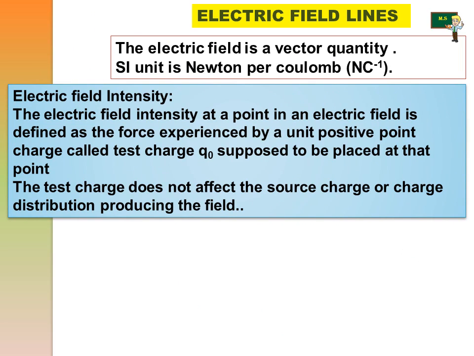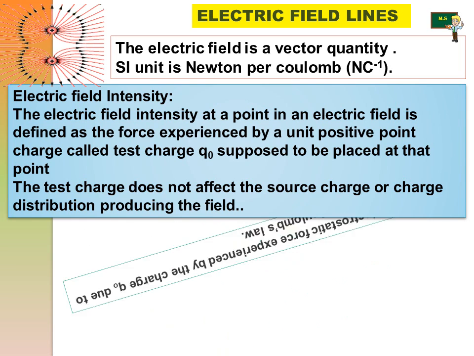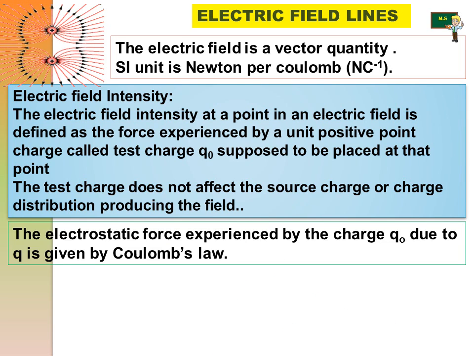Electric field intensity at a point in an electric field is defined as the force experienced by a unit positive point charge called test charge Q0. Here we denote the test charge with the term Q0, supposed to be placed at the point. The test charge does not affect the source charge or charge distribution producing the field. Actually, the test charge is treated as a guest here.